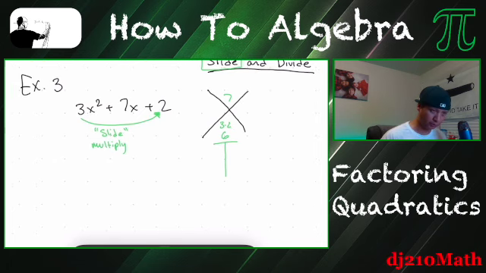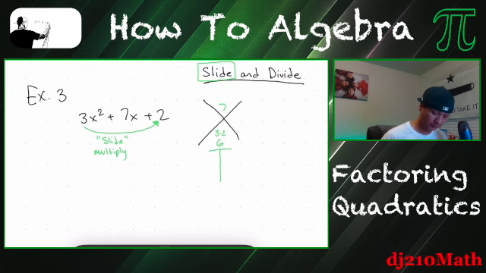So we start running through all of our factors. 1 times 6, 2 times 3, 3 times 2. All right, and they're both positive. So which ones add up to 7? Well, 1 and 6 do, 2 and 3 do not. So 1 and 6.